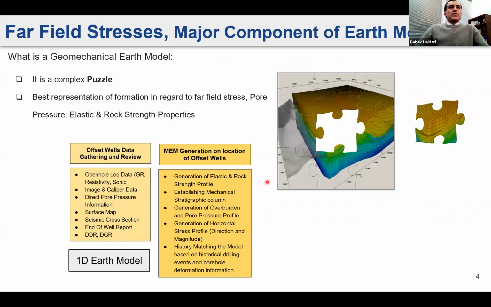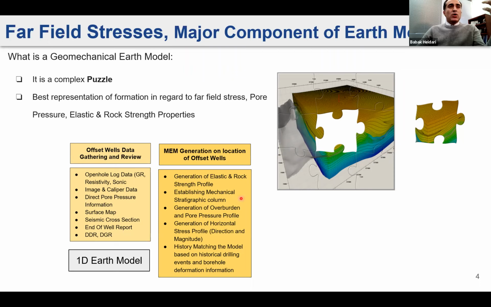For example, we are generating elastic and rock strength properties. I'm not going to elaborate on the steps, but I'm going to highlight where the horizontal stress information falls. Then we go to mechanical stratigraphy, defining the mechanical stratigraphy column.